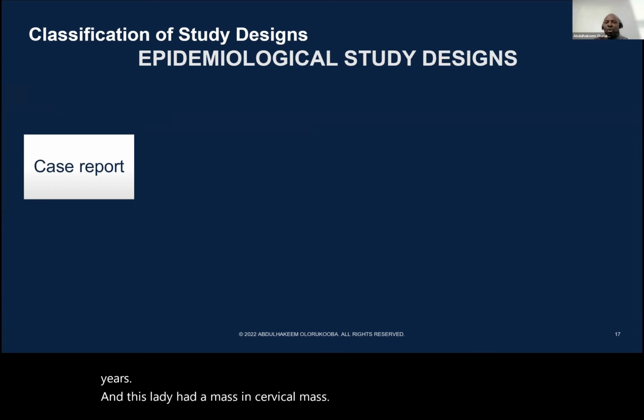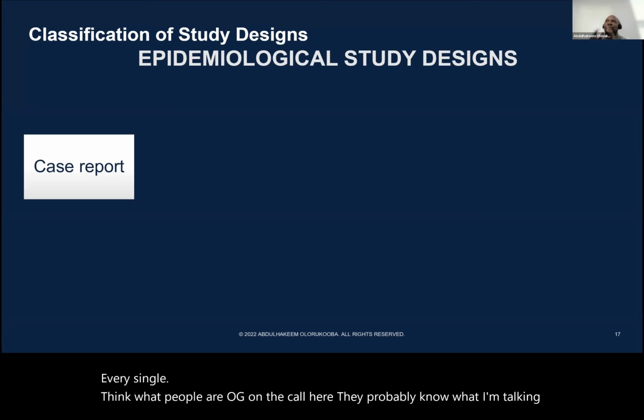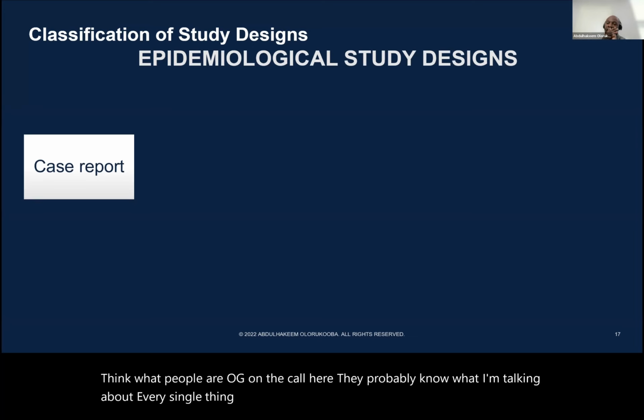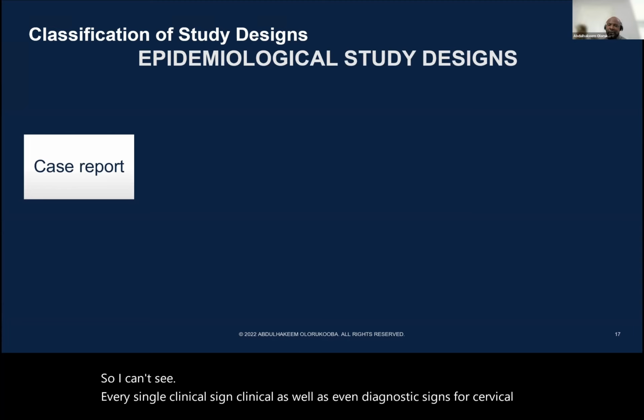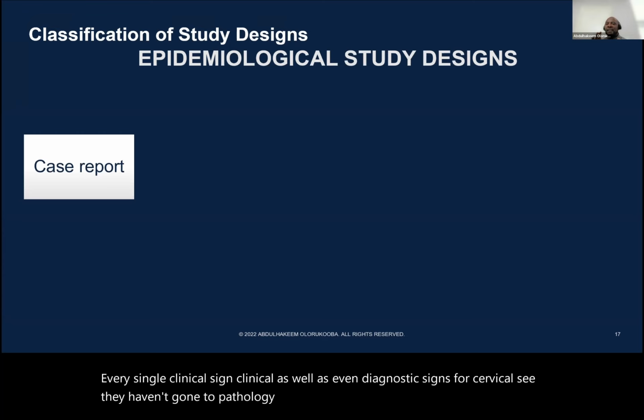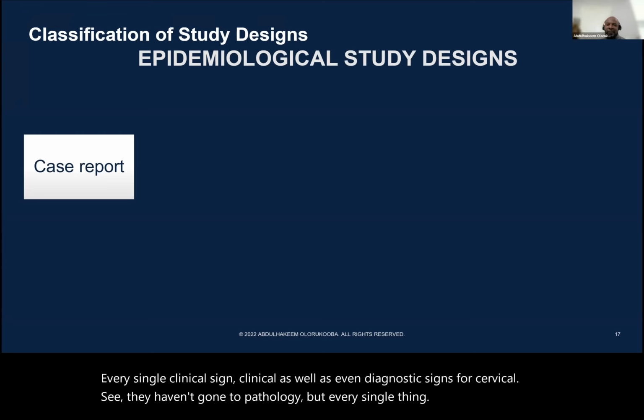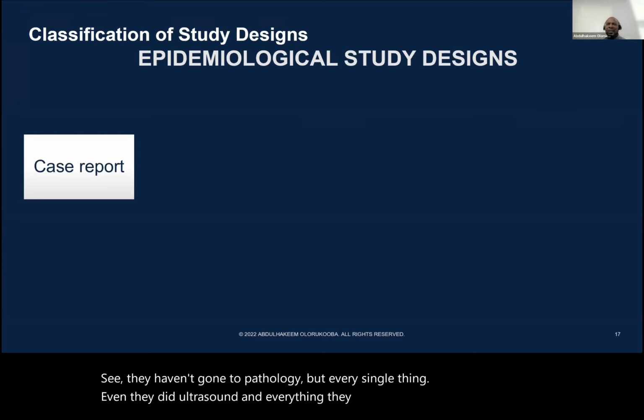If we have people in O&G on the call here, they'll probably know what I'm talking about. Every single thing about cervical CA, every single clinical sign, as well as even diagnostic signs for cervical CA, they haven't gone to pathology, but they even did ultrasound and everything, they did all the necessary stuff.